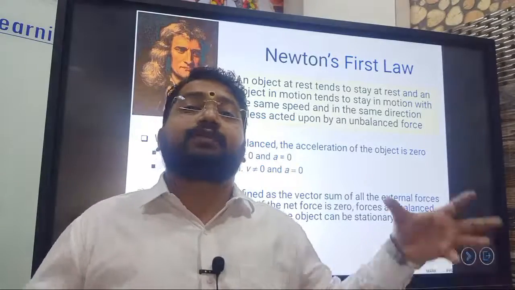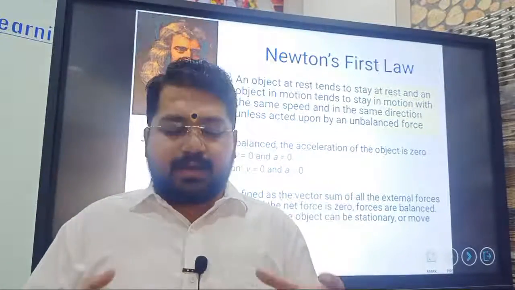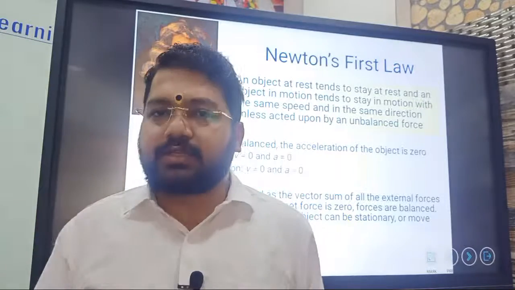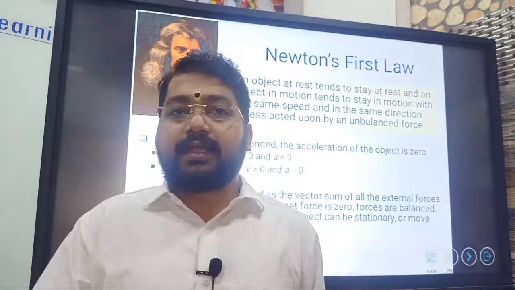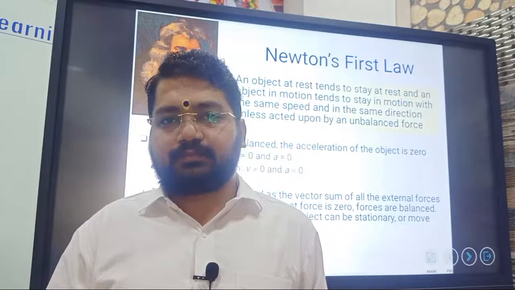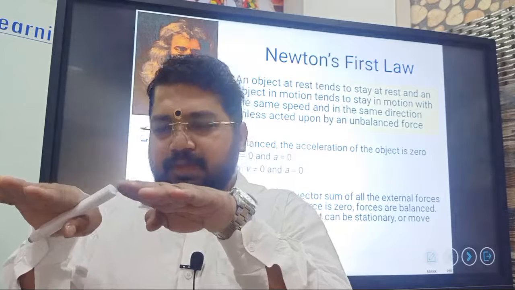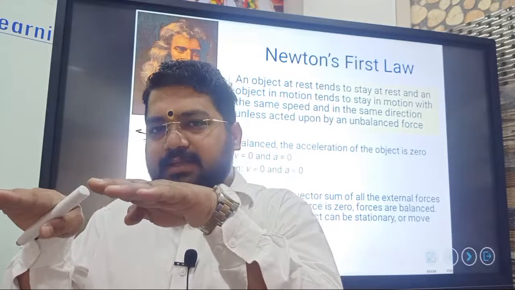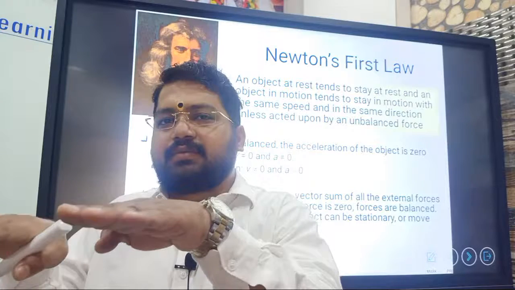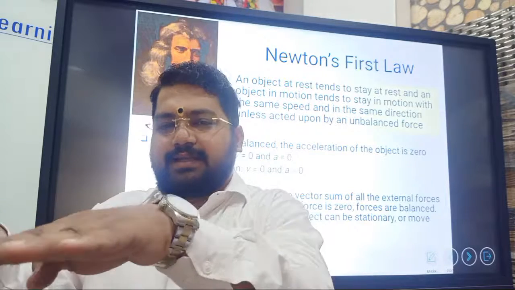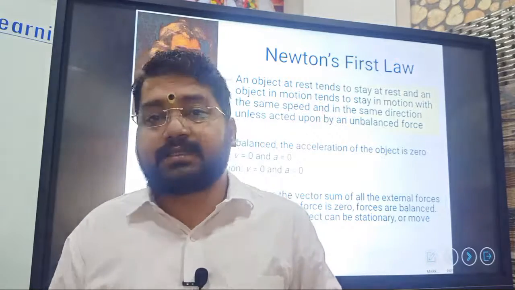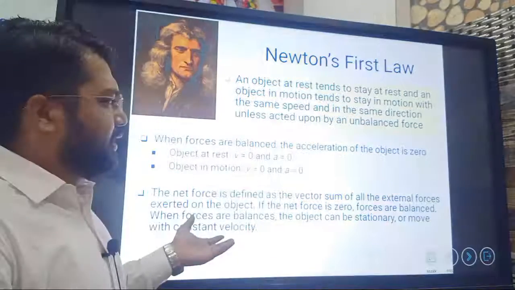Or if the object and the observer are both moving in the same direction at the same speed, then they are relatively at rest. Two buses are moving at the same speed, and two persons are sitting on different buses. Buses are moving at the same speed in the same direction. Then the two persons are relatively at rest. But here it is not about relative rest.